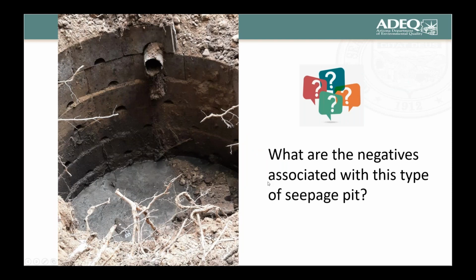What are the negatives associated with this type of seepage pit? So this is a hollow seepage pit. It's not filled with gravel. And so the big thing, it looks like there's a lot of roots, so we have a potential for a lot of root intrusion. It looks like there's a little more chance for soil also to make it in because there's a lot of holes.